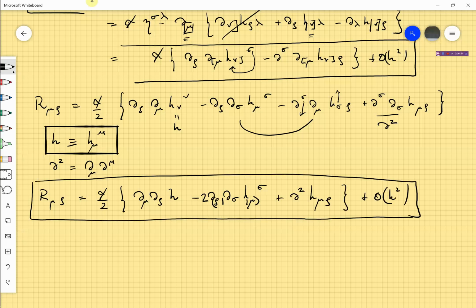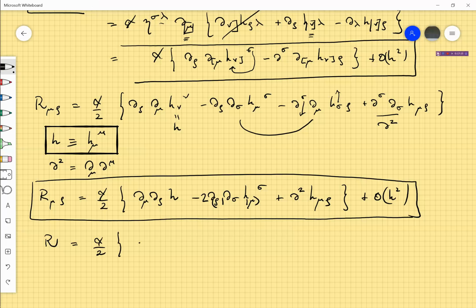So what happens for R? Well, it is R mu rho contracted with the inverse metric. Since this is of order chi, only eta mu rho does something here, because if I consider the other term, it will be of second order.